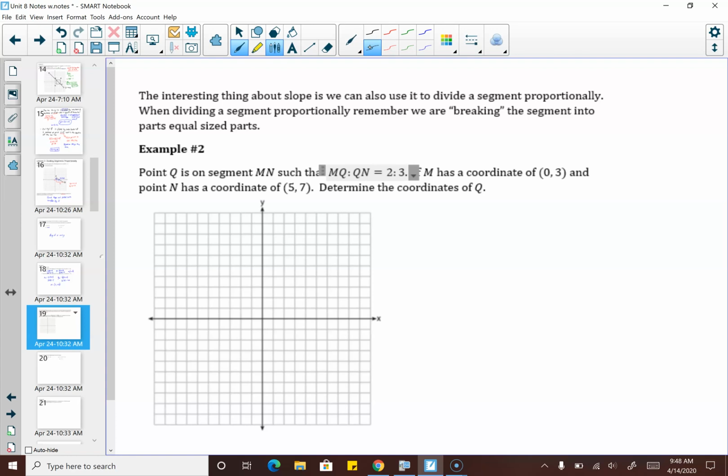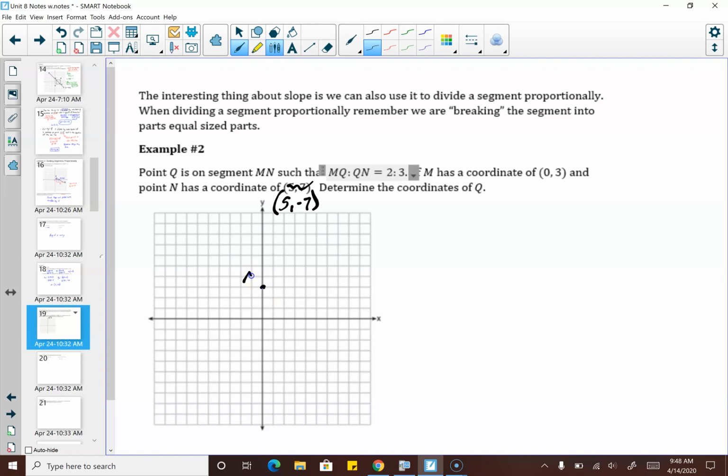Because our ratio is not 1 to 1 or a half like our midpoint is, we have to work with these a little bit differently. If M has the coordinates (0, 3), and N has the coordinates (5, -7), we want to determine the coordinates of Q.